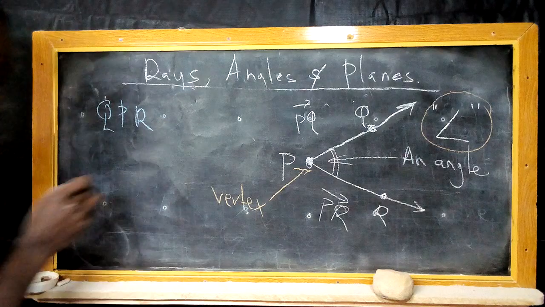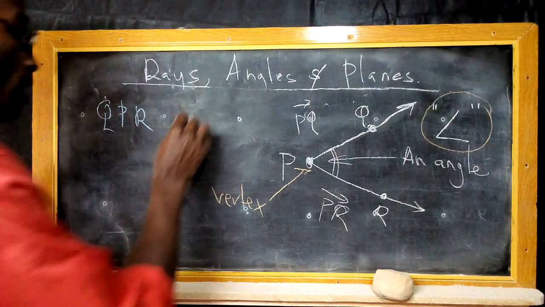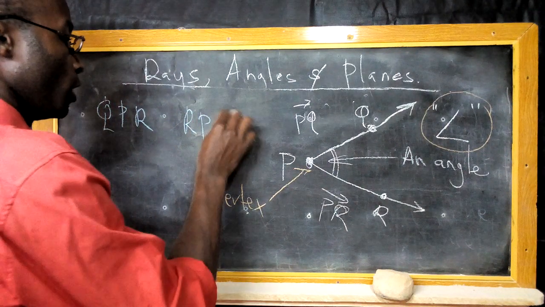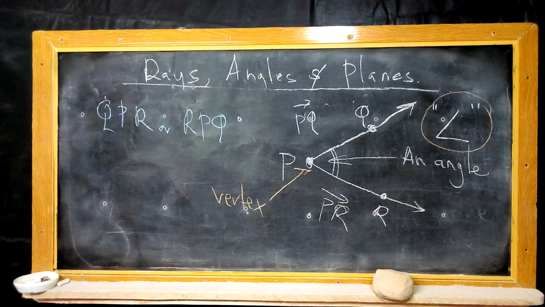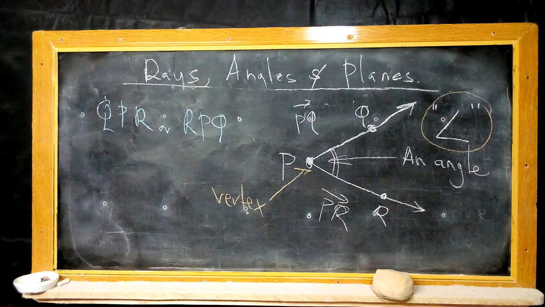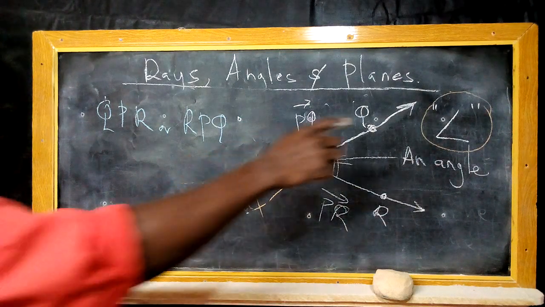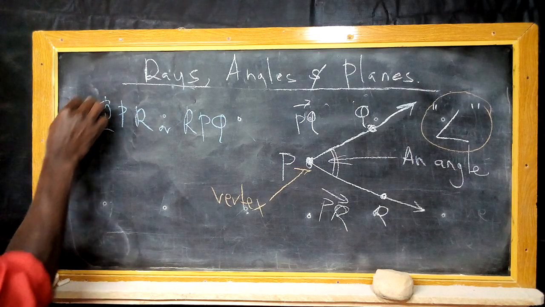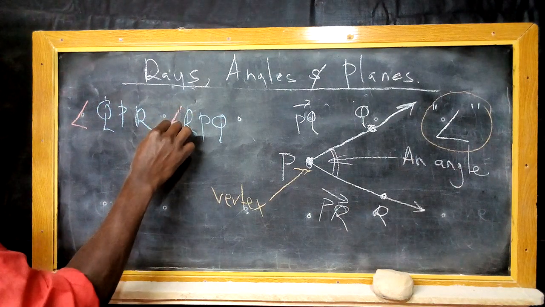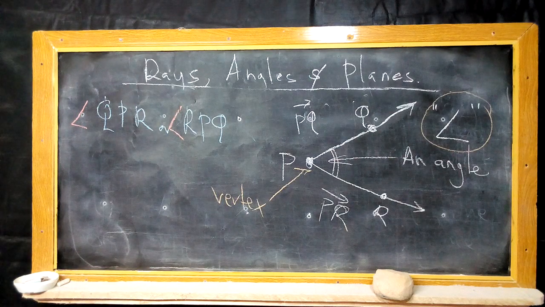or angle RPQ. So this is angle QPR or angle RPQ. As we have said that we are going to denote or give it a notation, that notation starts in front of the combination of letters.